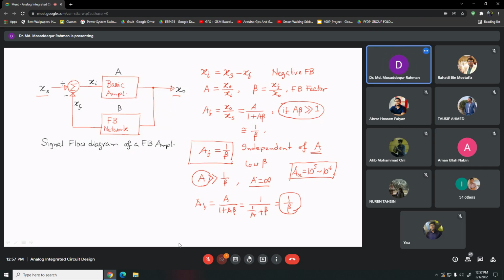And in our op-amp, what is the feedback network? That is R1 and R2, right? The two resistors.